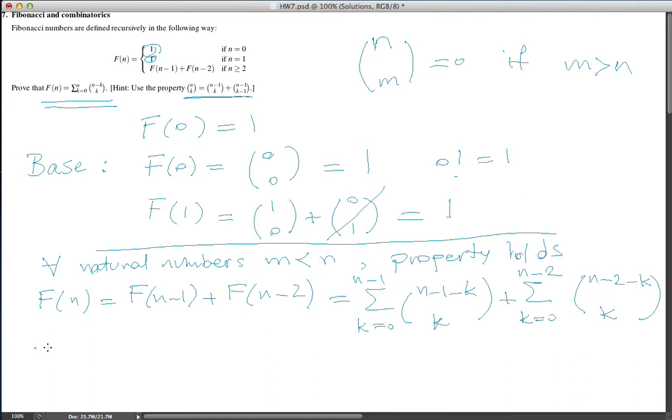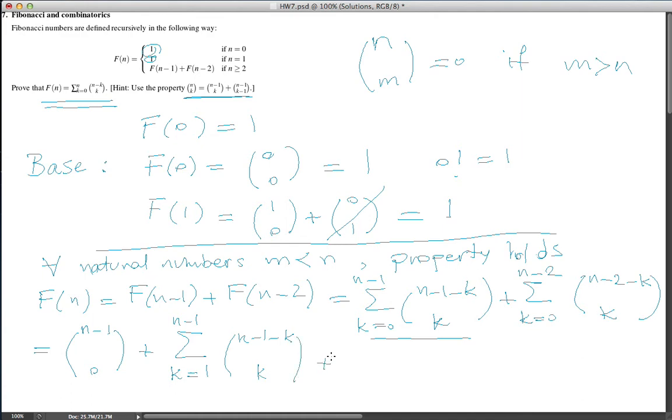Here we use a little trick that we separate the first term in the first sum. So we take the first term out, which is n minus 1 choose 0, plus we write down the rest of the summation, which is the sum from 1 to n minus 1 of n minus 1 minus k choose k.